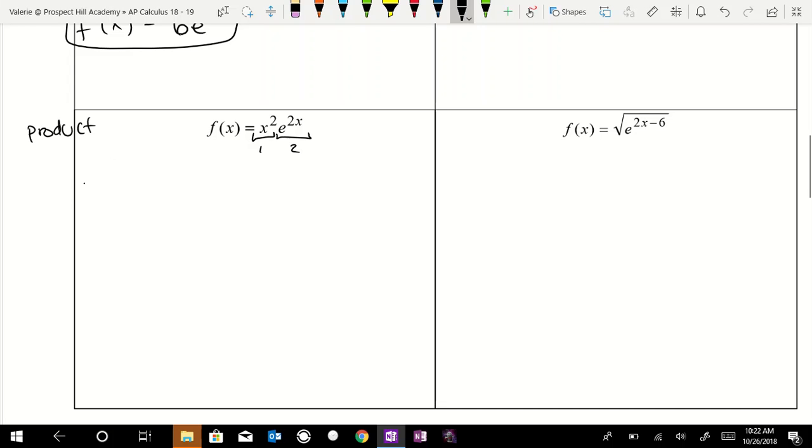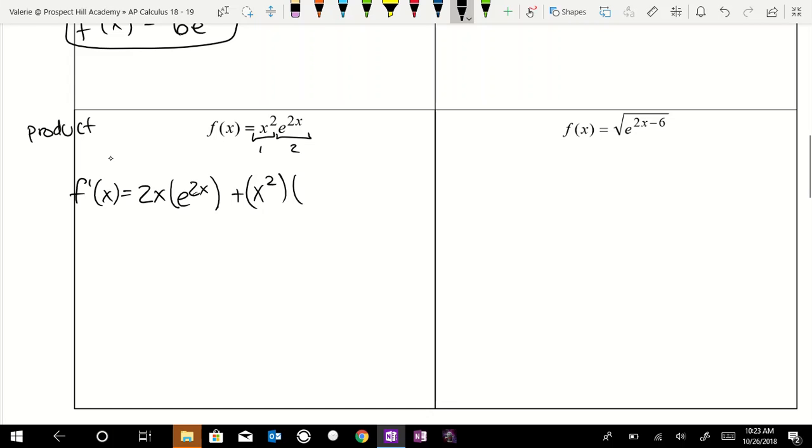So according to product rule, we need to take the derivative of our first function, which will be 2x, multiply that by our second function, which is e to the 2x, and then add to that our first function, which is x squared, and the derivative of our second function.